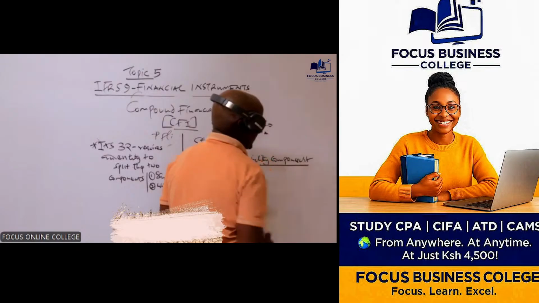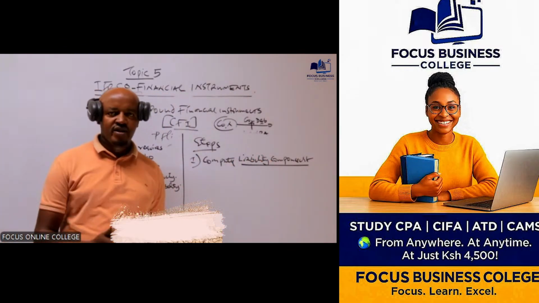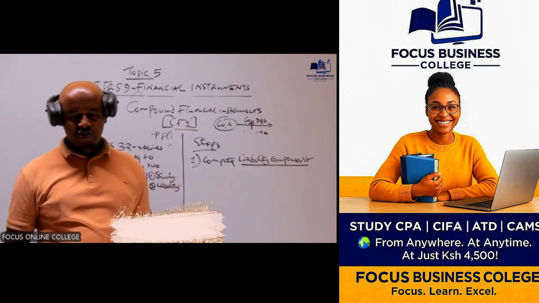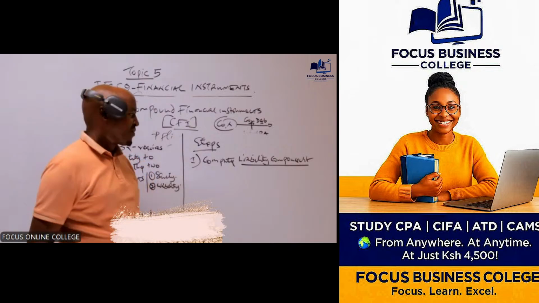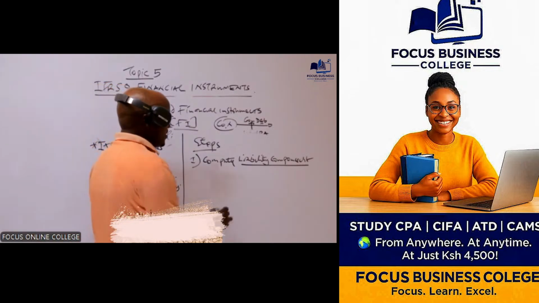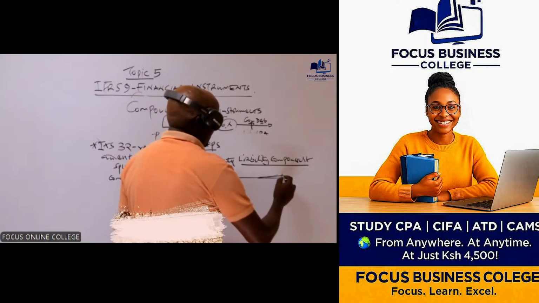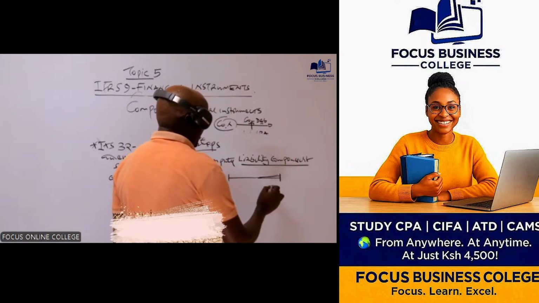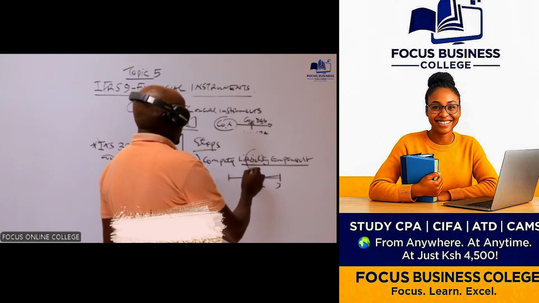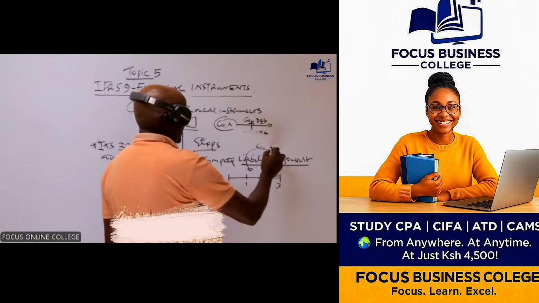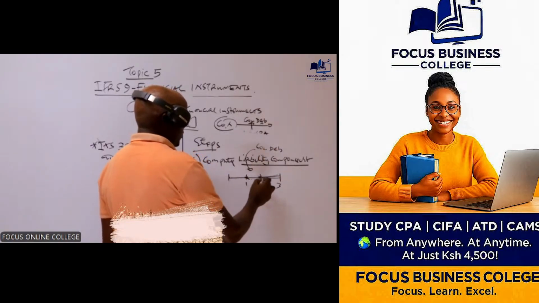If you can recall, this liability component arises as a result of the company's obligation to pay cash, which is in the form of interest and the principal amount. Assume a company has issued convertible debentures having a life of 3 years, year 1, year 2, year 3.